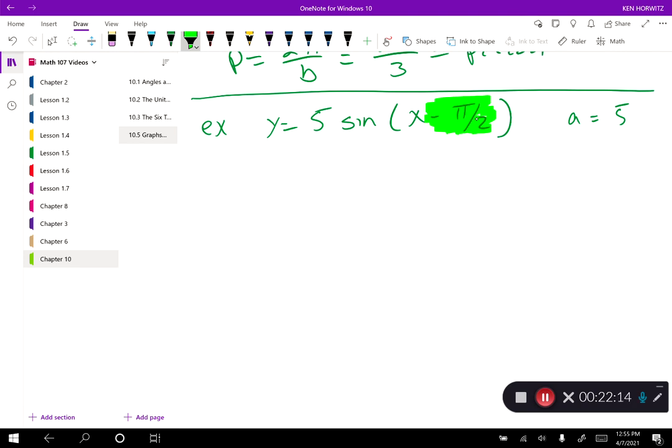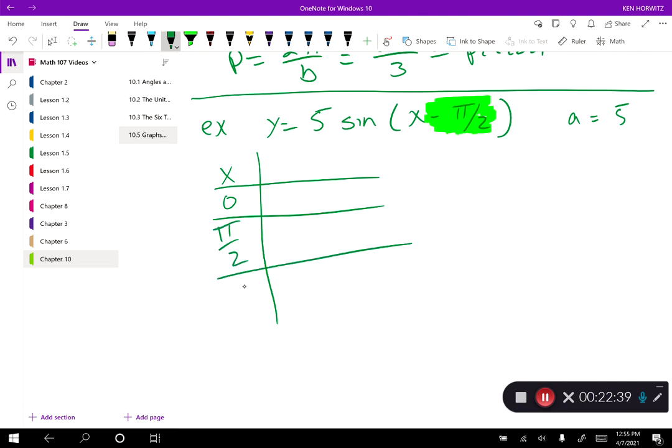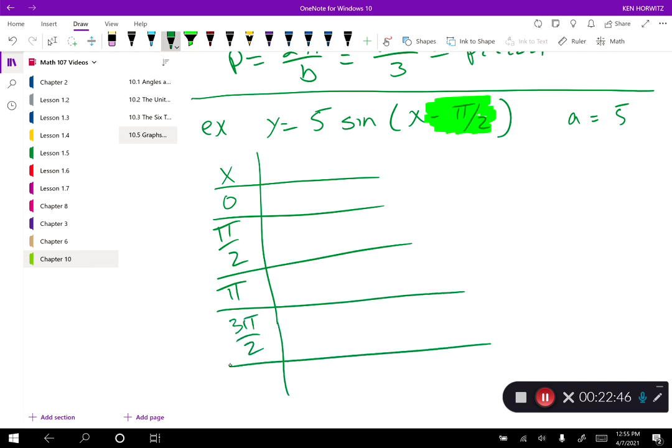Remember, pi over 2 is a number. It's 1.5 something. Pi over 2 units to the right. All right. So now, how does that affect our x values? Well, let's start with our standard key values, which is 0, pi over 2, pi, 3 pi over 2, and 2 pi.